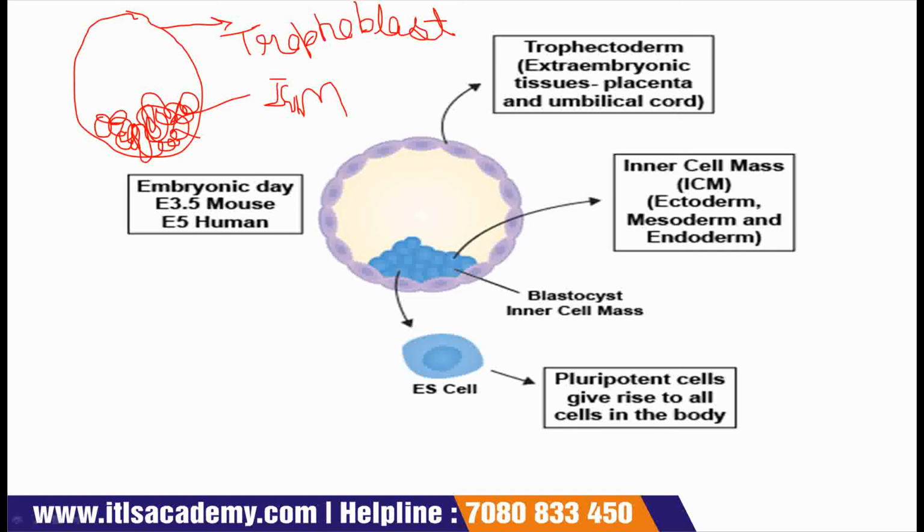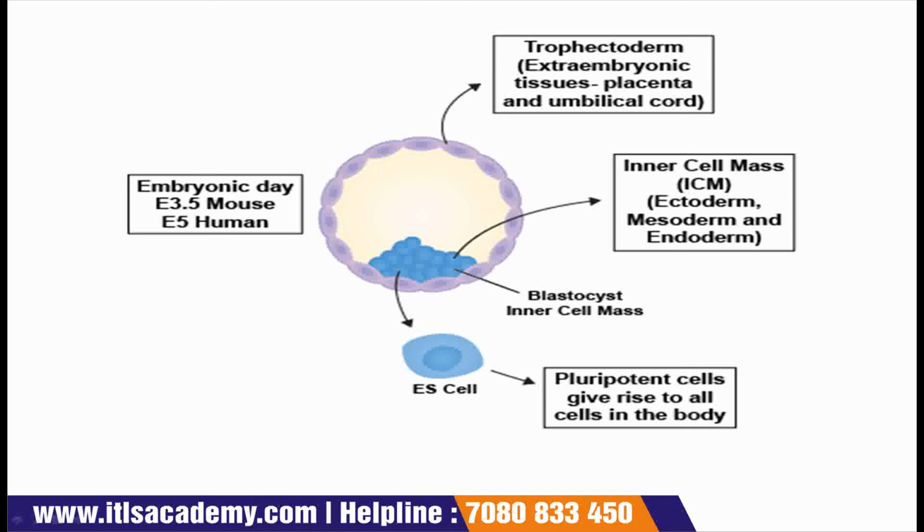So now we are going to see the details of this blastocyst. Embryonic day, you can see here mouse and human. This particular cell gives rise to the embryonic stem cell. This is a pluripotent cell.